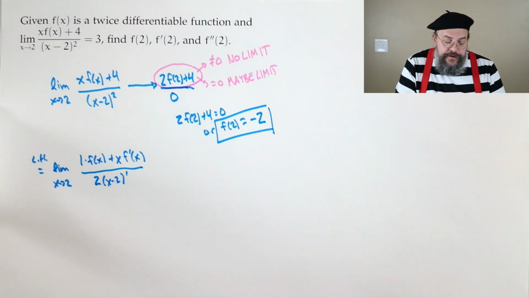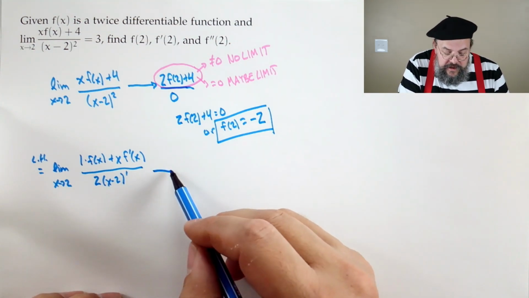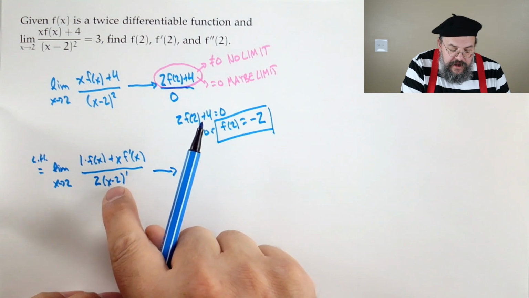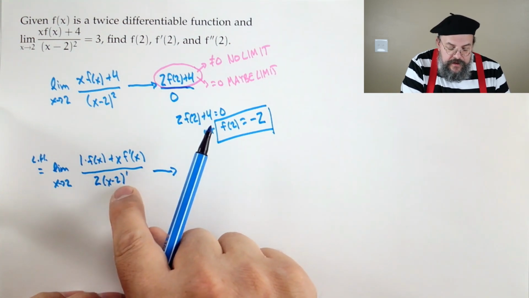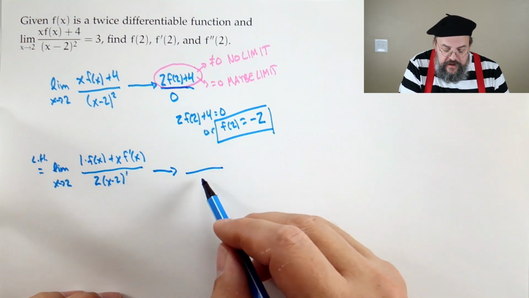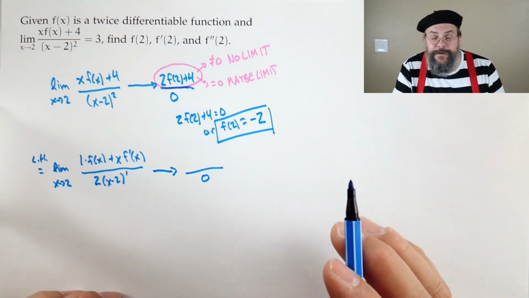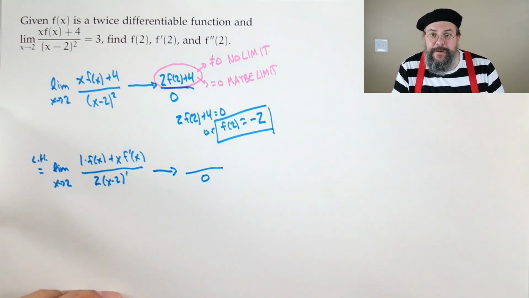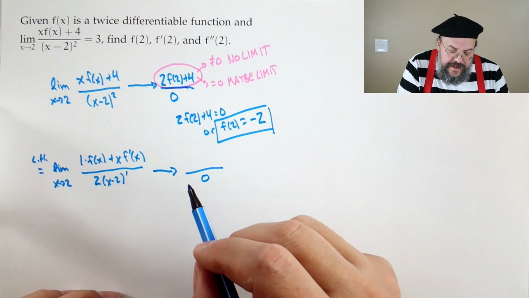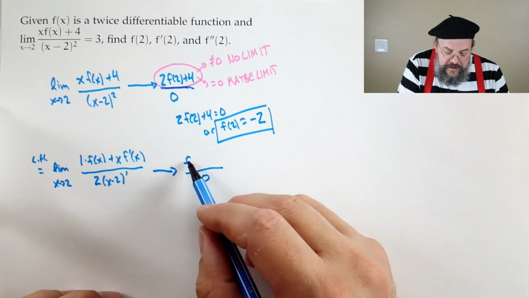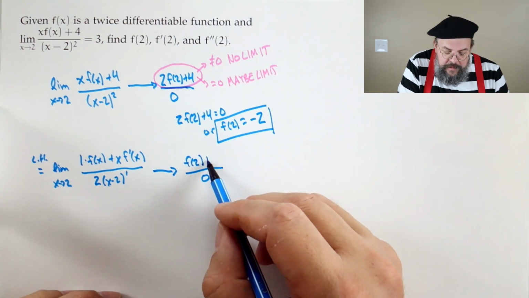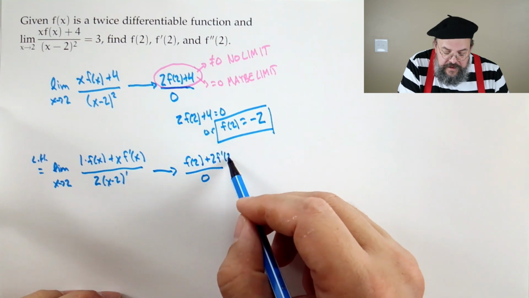All right, so what does that go to? Notice when we plug in 2 here, we get 2 minus 2, which is 0. So the downstairs is still 0. Uh-oh, still have something over 0. So what's the upstairs? Well, it's f of 2 plus 2 f prime of 2.